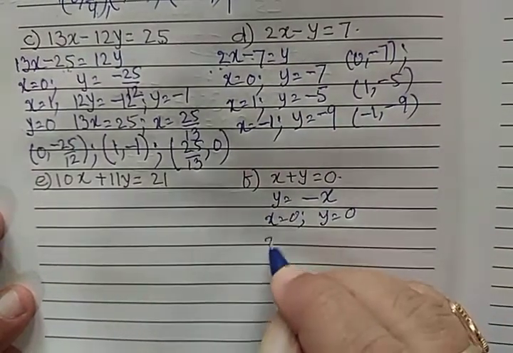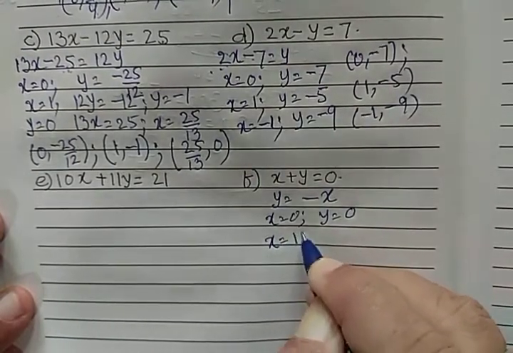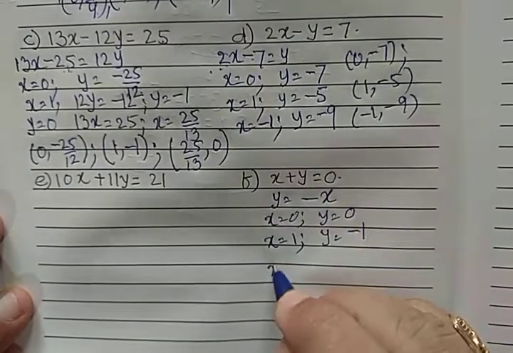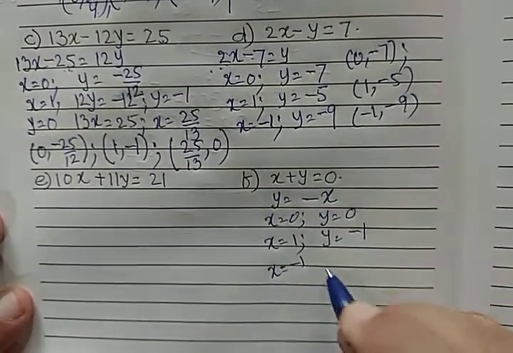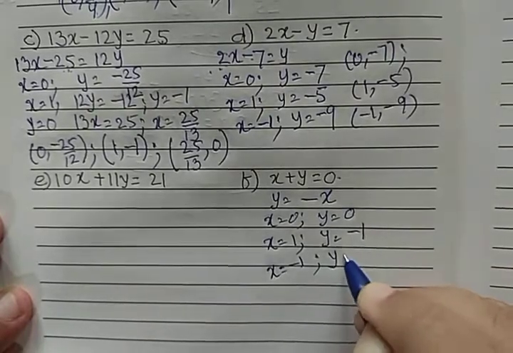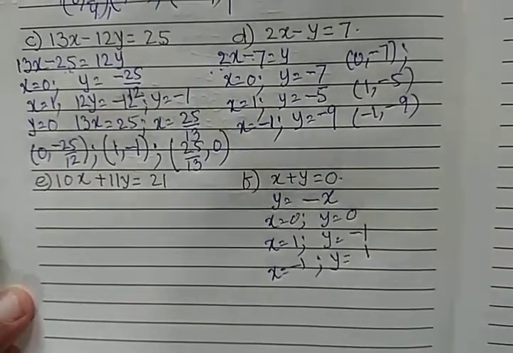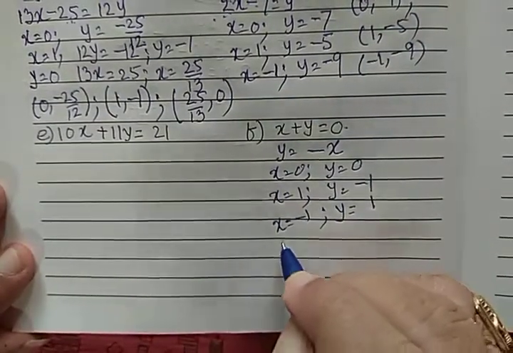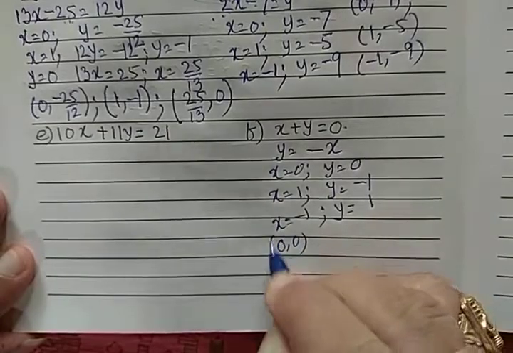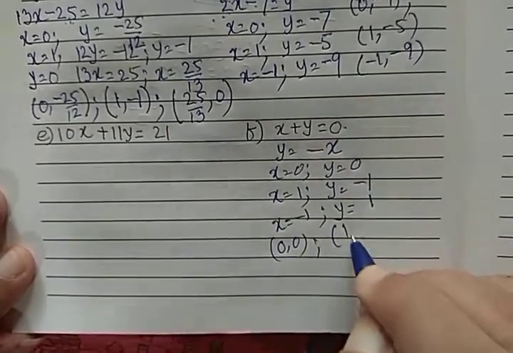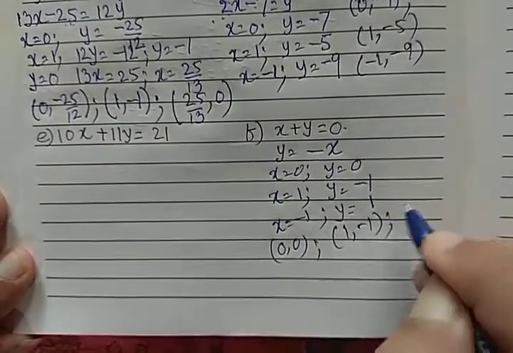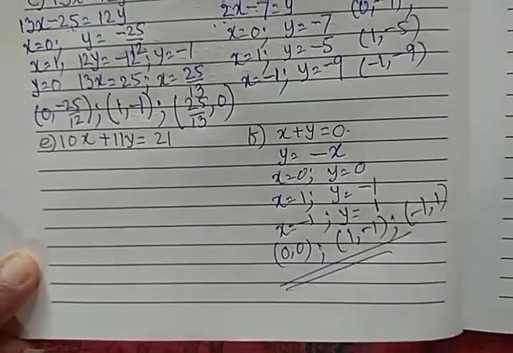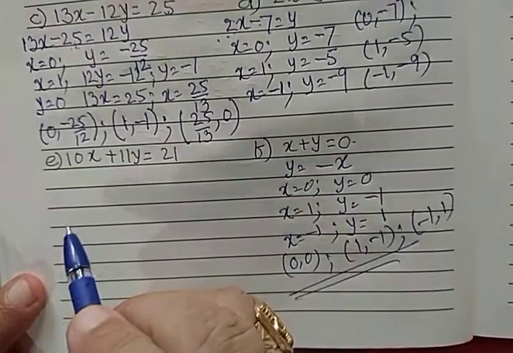Next, if x is 1, y is minus 1. If x is minus 1, then y is plus 1. So these three are your solutions. What are they? 0, 0; 1, minus 1; minus 1, plus 1. Clear?